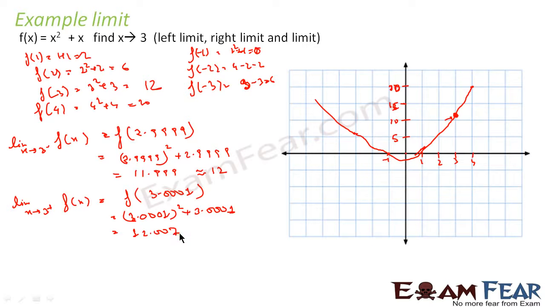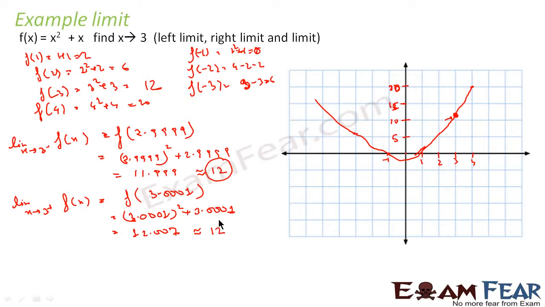If you calculate, you will get the actual value, but this will be of this form, and this value is almost equal to 12. So until now, we have first plotted the graph based on various values of x, we got y's, and then we have found that limit of fx where x tends to 3 minus is almost 12 and limit of fx where x tends to 3 plus is almost 12.